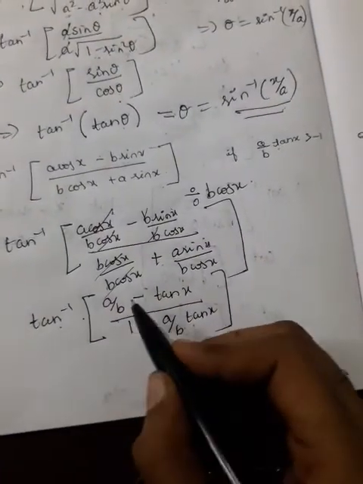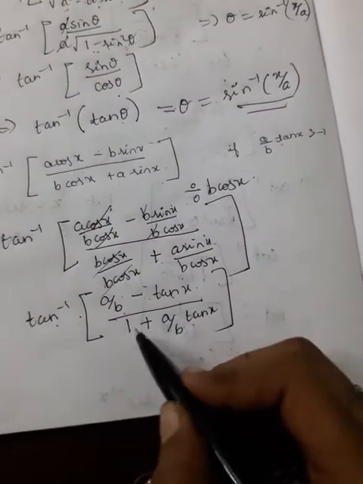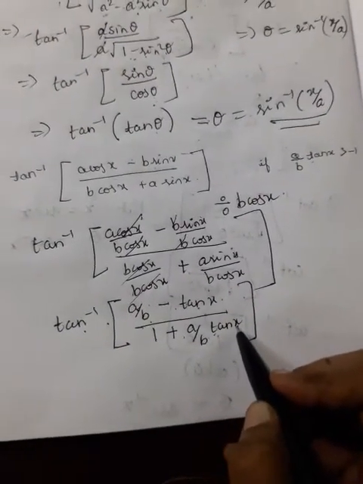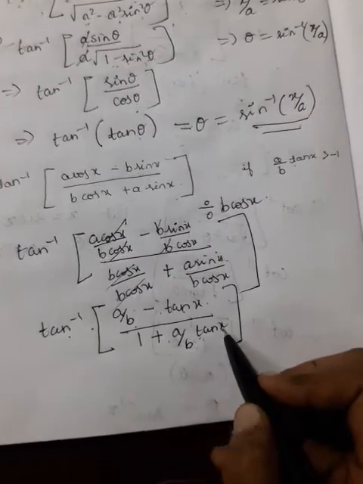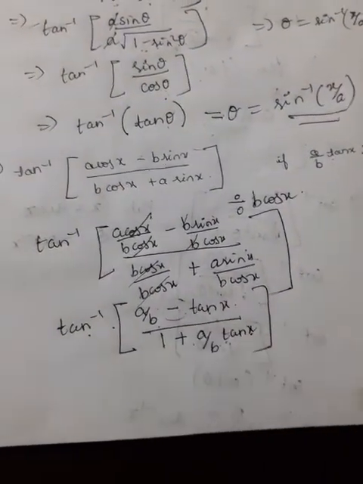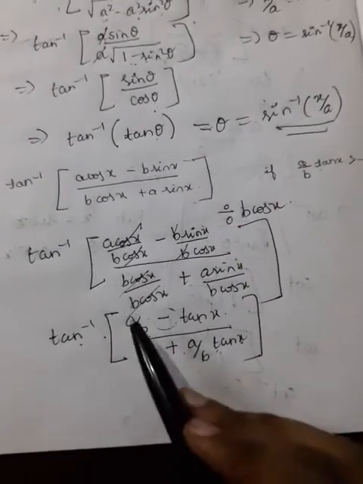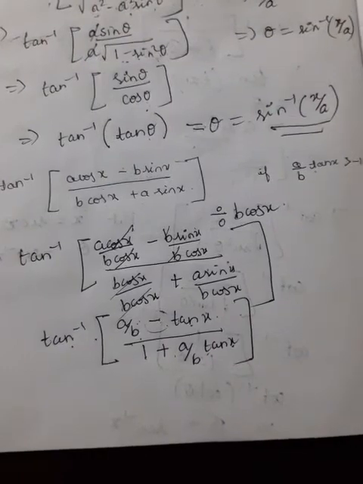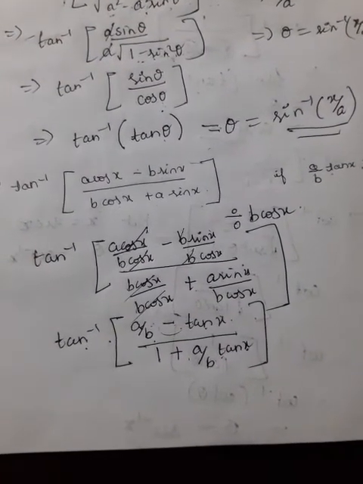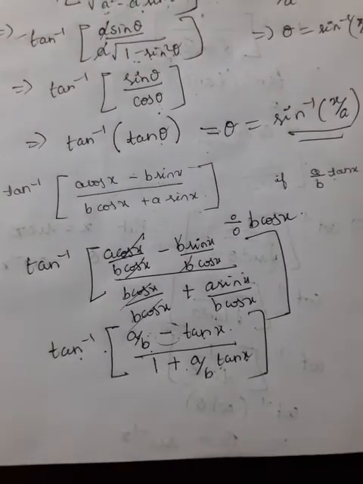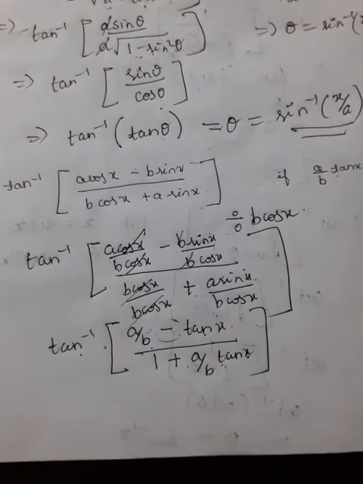See here, tan inverse of a by b minus tan x over 1 plus this into this form. This is in the form of the tan inverse of a minus tan inverse of b formula. The formula is tan inverse of a minus b divided by 1 plus a into b. Correct? Check it in the property, that formula is there.